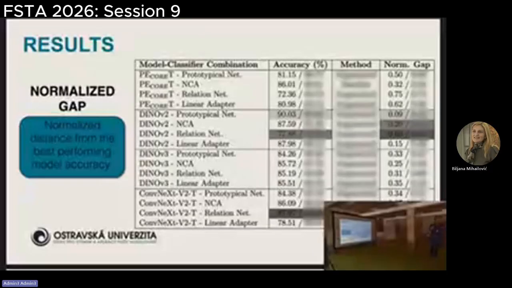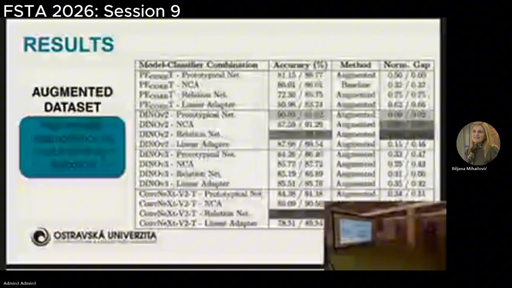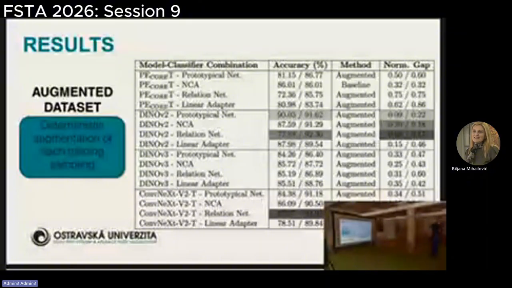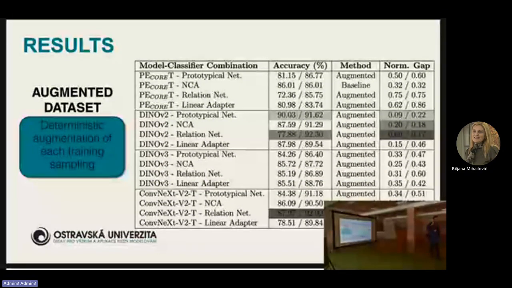However, there is a second case, apart from just using these images, where we extended the data set, because you have 40 images and you want to get as much as you can from them. So we created an augmented data set, which is done by using deterministic augmentations for each sample. We take one image, make 9 copies of it, make it brighter, make it darker, zoom in, zoom out, and such.